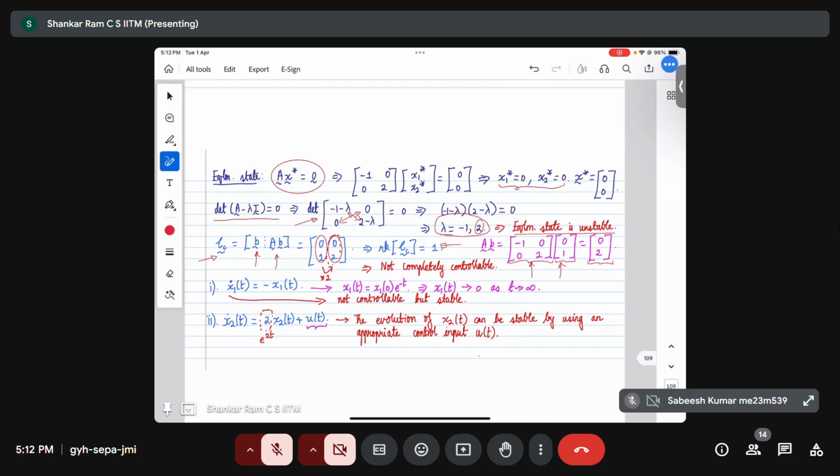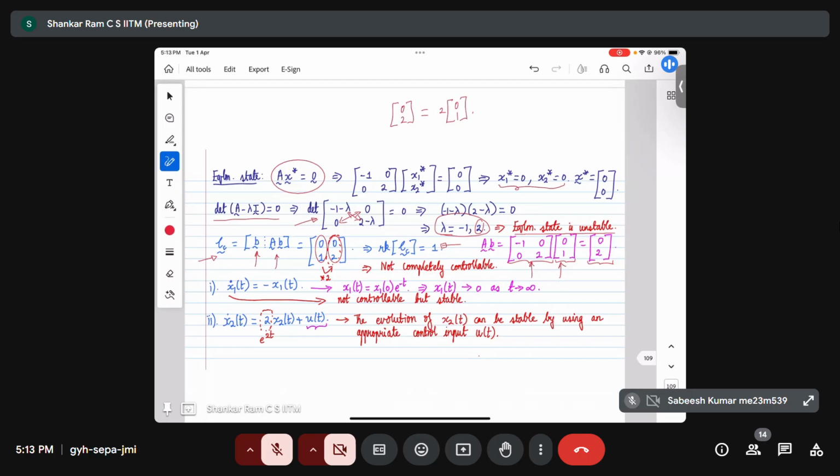I can write the column 0, 2 as 2 times the column 0, 1. When you can rewrite columns as a scalar multiple of other columns, the matrix is not of full rank. So the rank decreases.